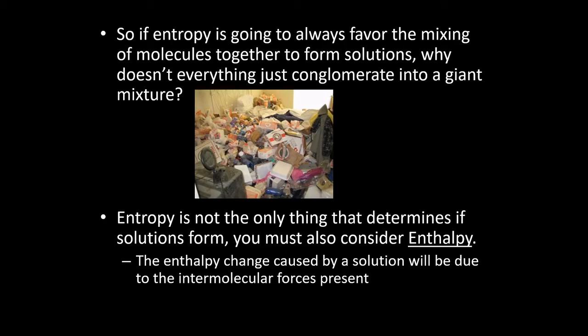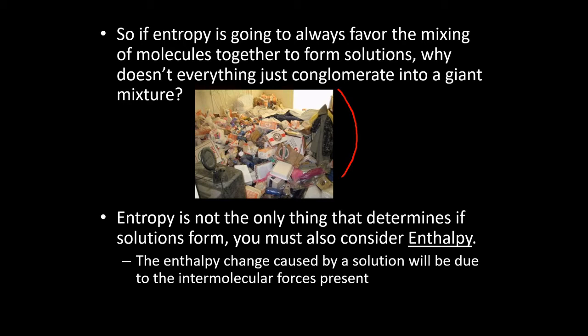So, if entropy is saying that everything always wants to be more disordered, everything wants to spread out as much as possible and be more random, why does the whole universe not look like this, where it's just a big mess, where everything's mashed together, everything everywhere mixed and messy?